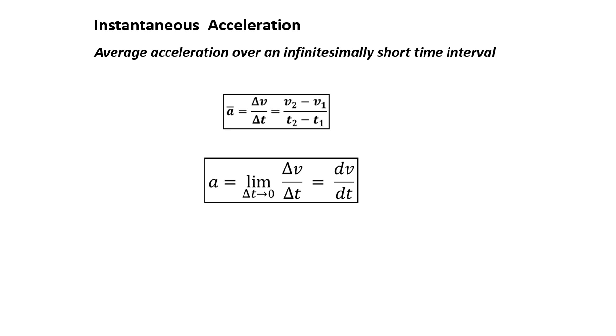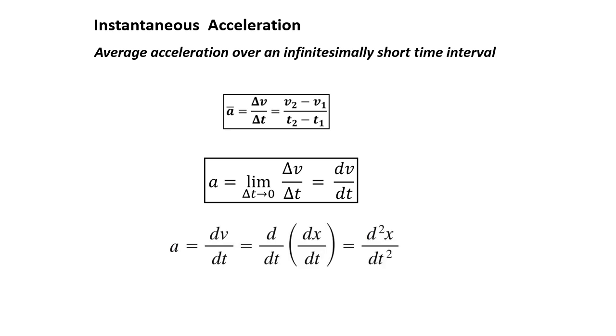Basically, you need to differentiate the velocity function. We already know that velocity is dx by dt. So acceleration is dv by dt. Again, what is v? v is dx by dt.